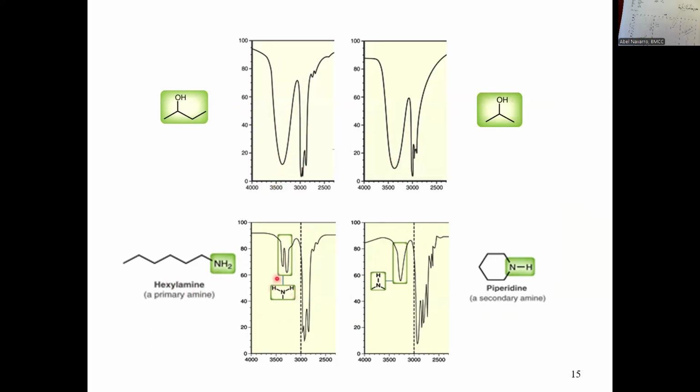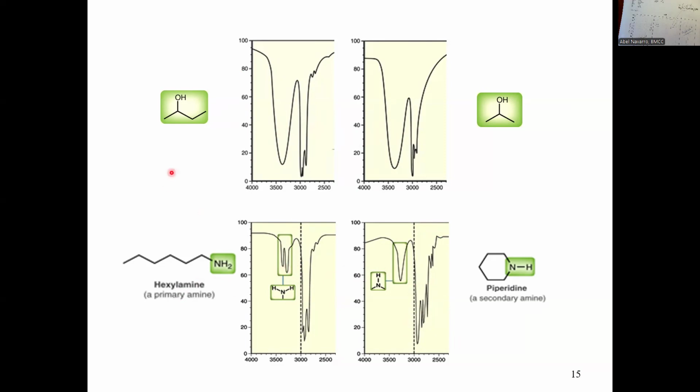NHs are weaker, medium intensity, while the OH starts strong and intense. NHs are also not as broad, but also not sharp. They are medium intensity and also medium width.